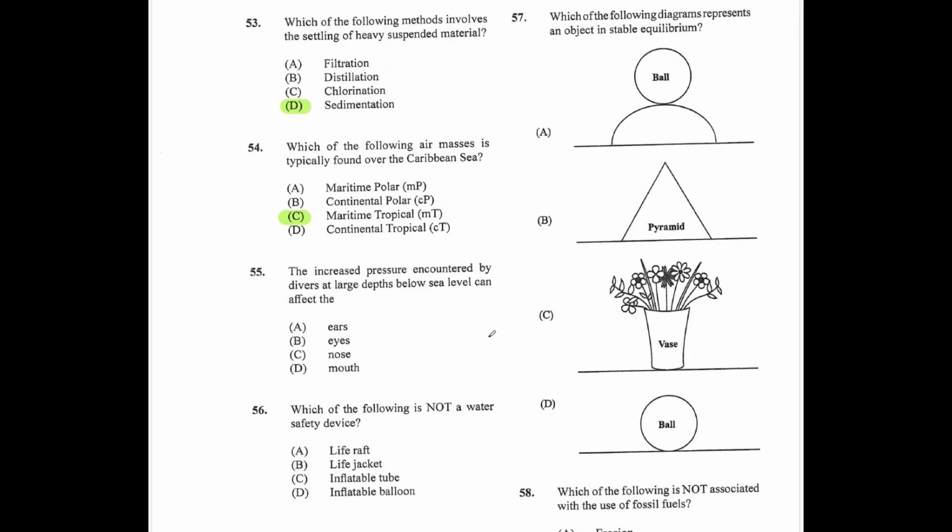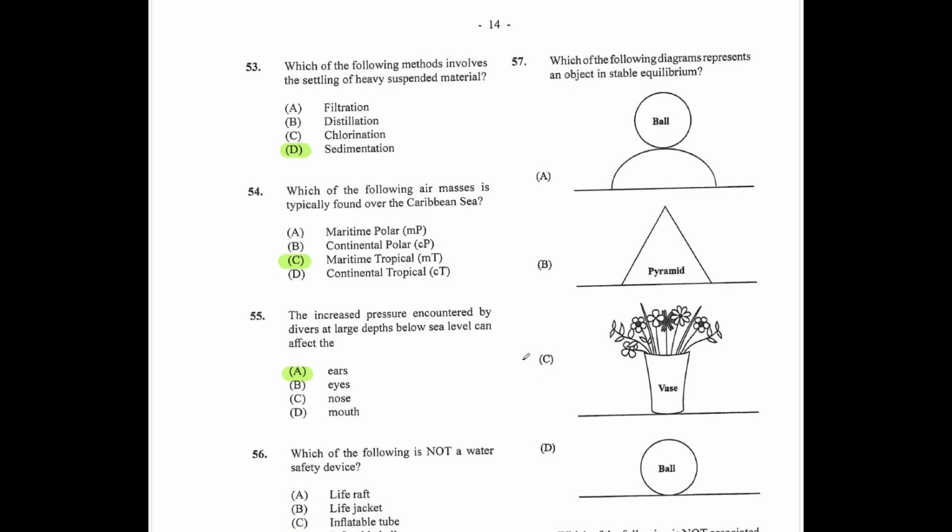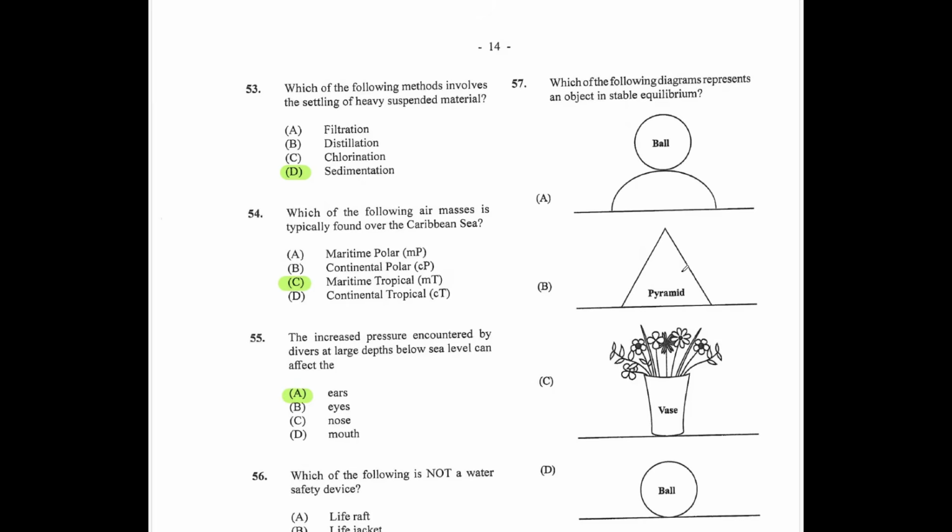The increased pressure encountered by divers at large depths below sea level can affect the ears. Which of the following is not a water safety device? Inflatable balloon. Question 57. Which of the following diagrams represent an object in stable equilibrium?